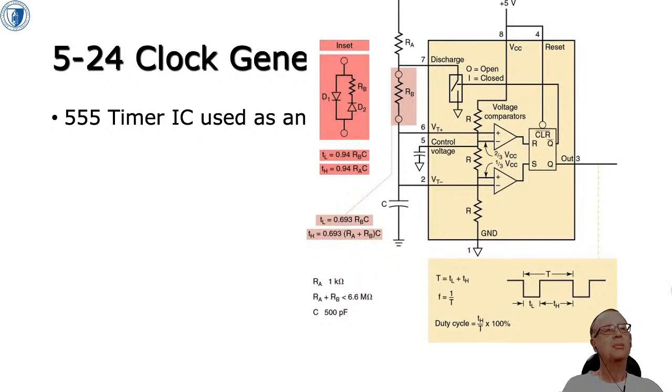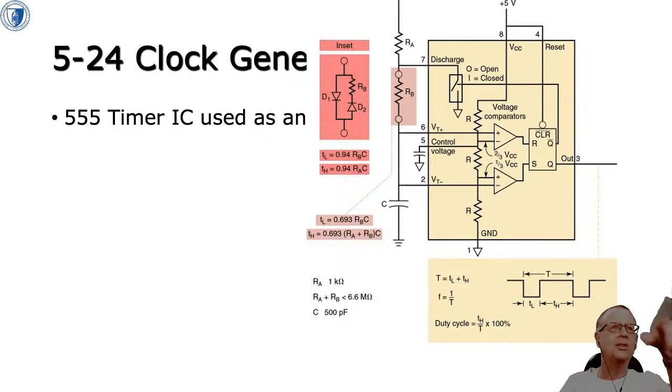Right. The nice thing about a 555, as you can see down the bottom there, is you can actually set the duty cycle of the clock output. By duty cycle, that just means the ratio between how long the output is low versus how long the output is high.